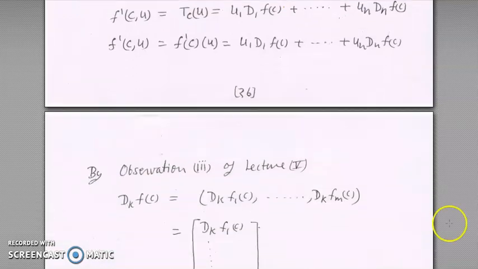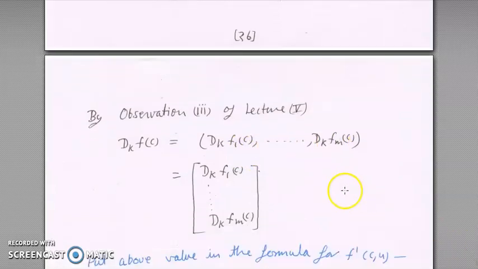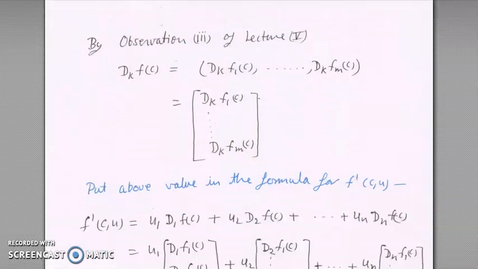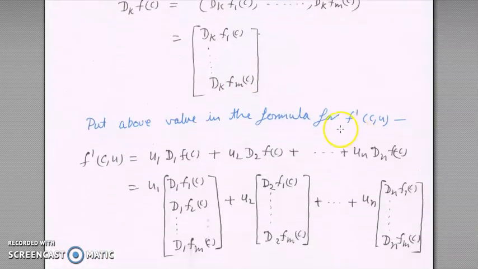Now we know that if f has components f1, f2, ..., fm, then Dk f(c) can be written as (Dk f1(c), ..., Dk fm(c)). Now in place of writing it as a row vector, let me write it as a column vector: Dk f1(c) up to Dk fm(c). So we have the formula for f'(c; u) to be u1 D1 f(c) + u2 D2 f(c) + ... + un Dn f(c).